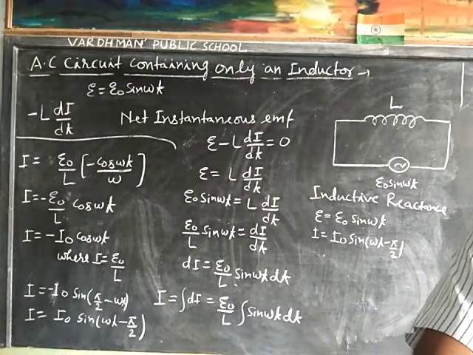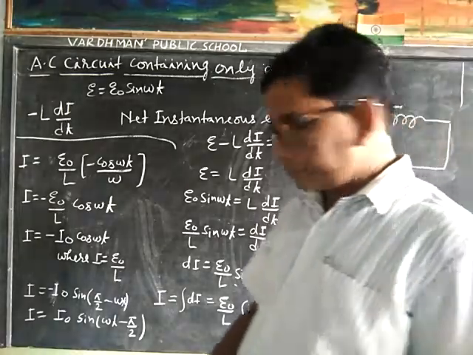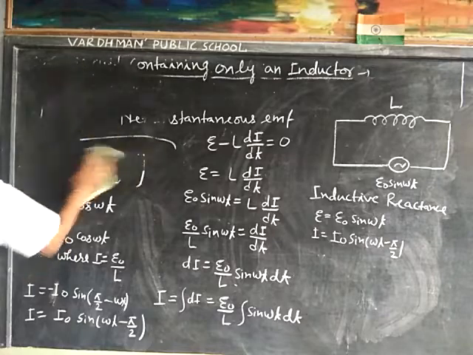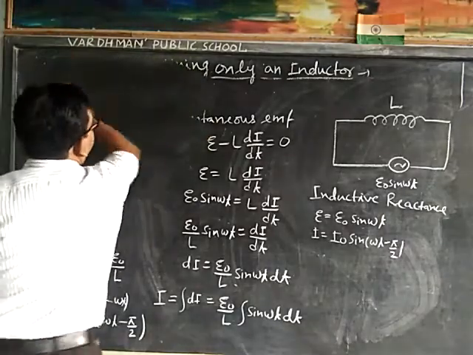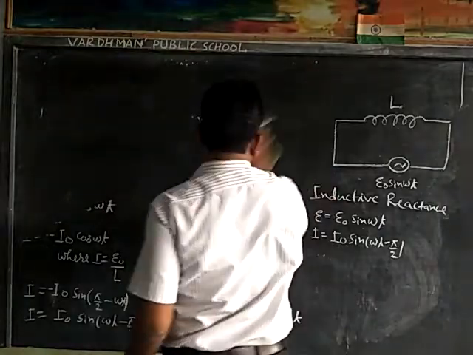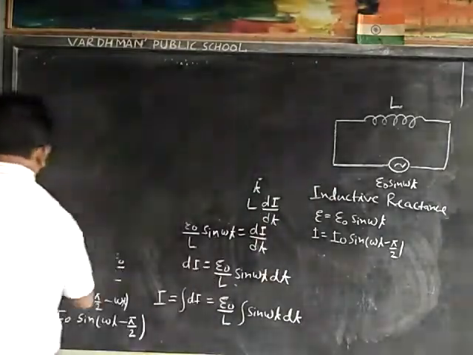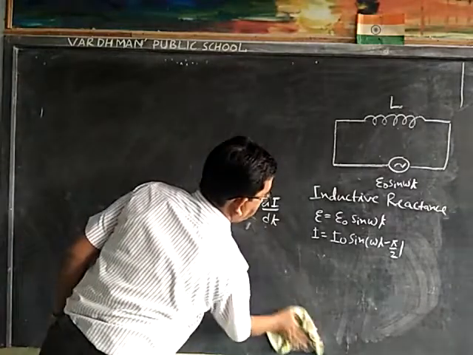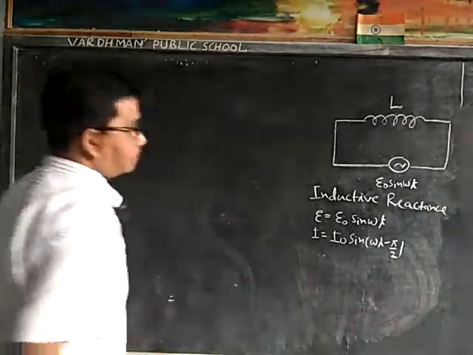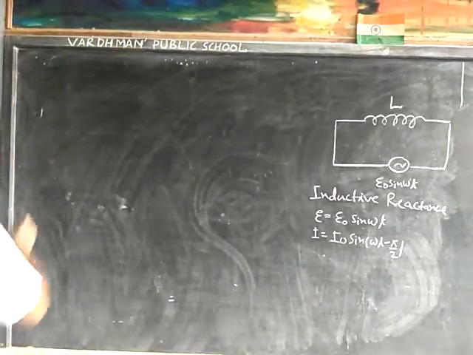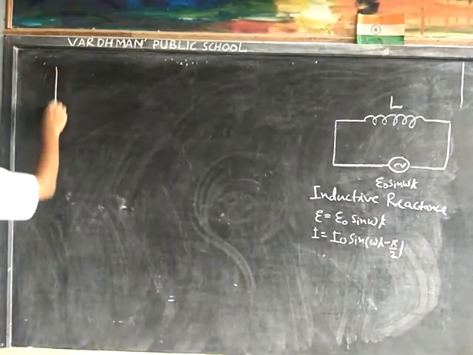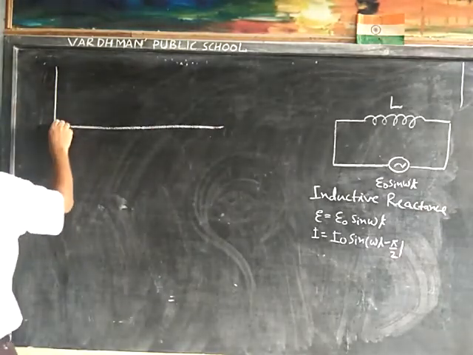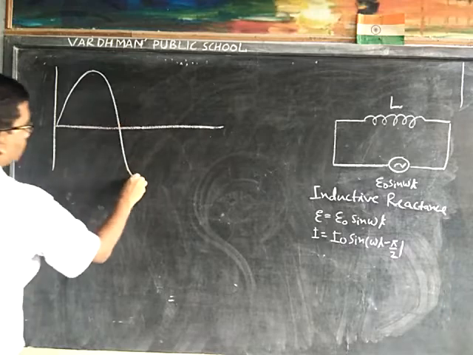Now we will draw the graph of E and I versus omega t. Suppose this is an AC circuit.